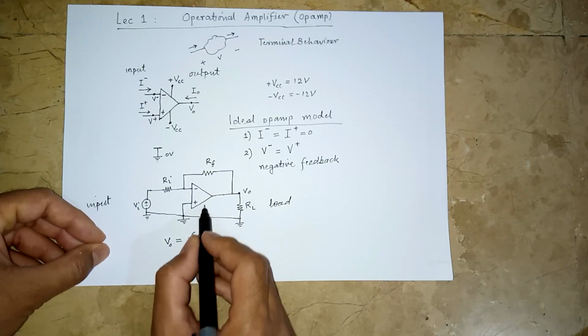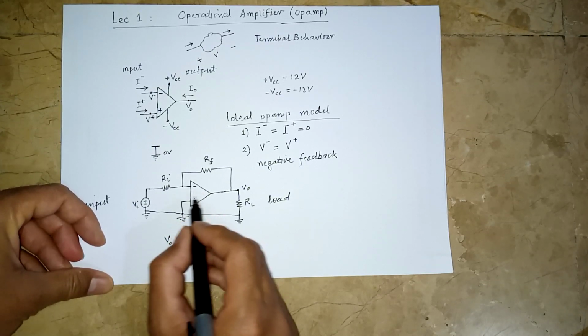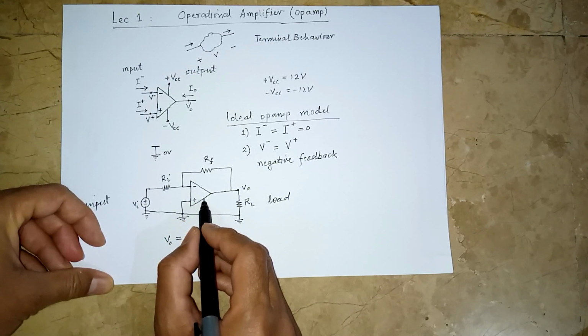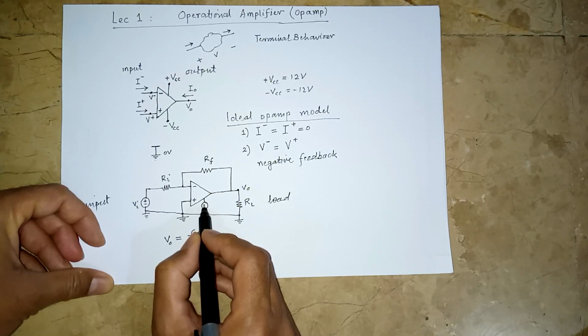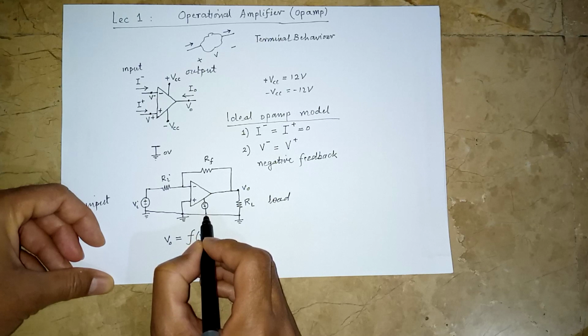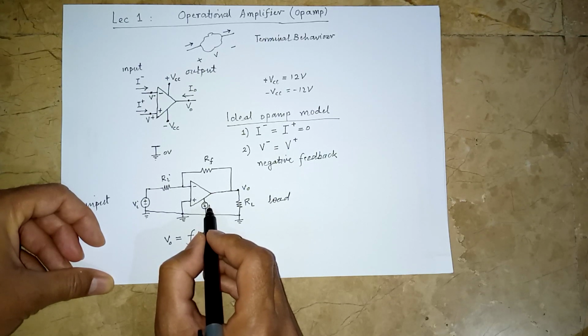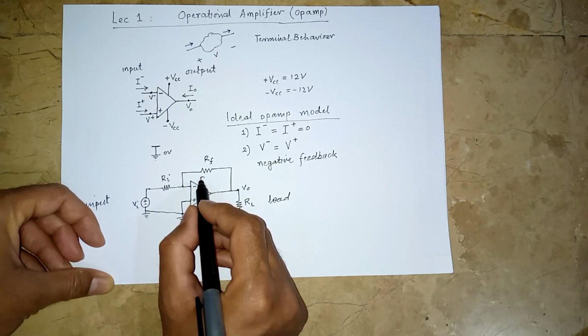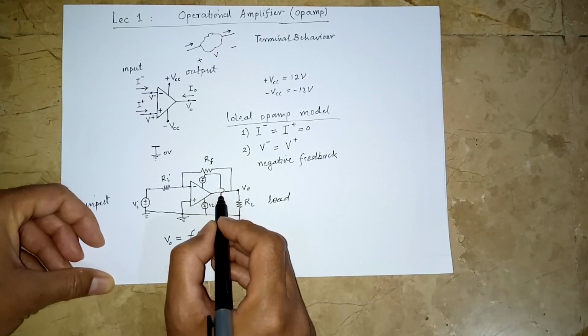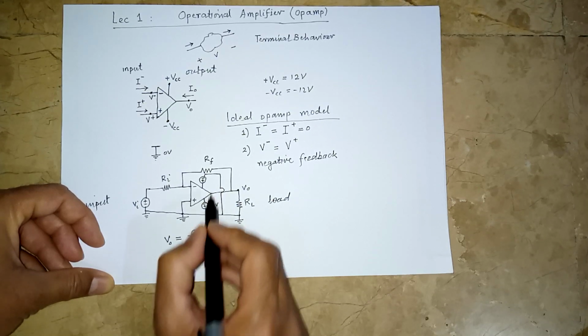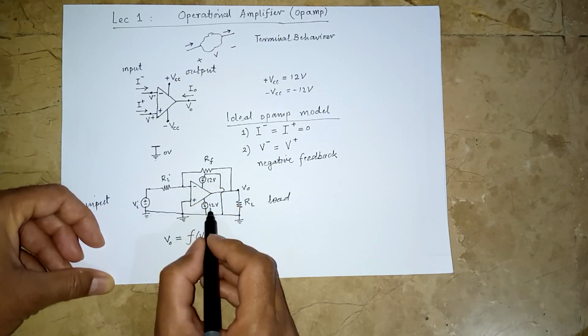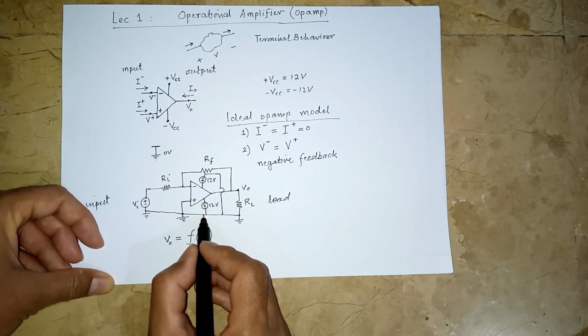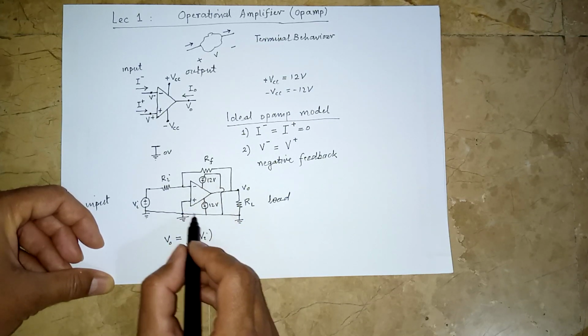And then don't forget that to power up the internal circuitry of the op-amp, we have plus VCC and minus VCC connected as well. So here we have, say, a 12 volt source connected this way, and here we have a 12 volt source connected this way as well. So it is minus 12 with respect to reference, and plus 12 with respect to reference.